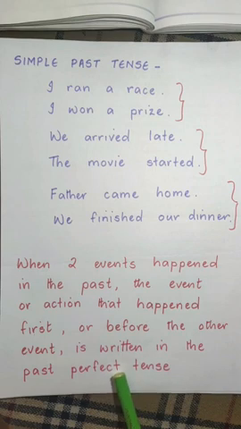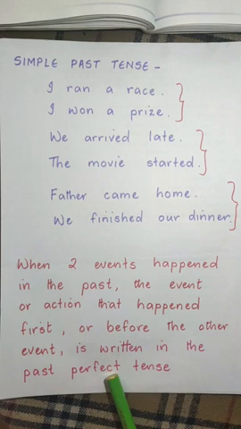Now, how do we know which one to use? Do we use the simple past or the past perfect? Remember that the past perfect tense is used to express the action that happened first.